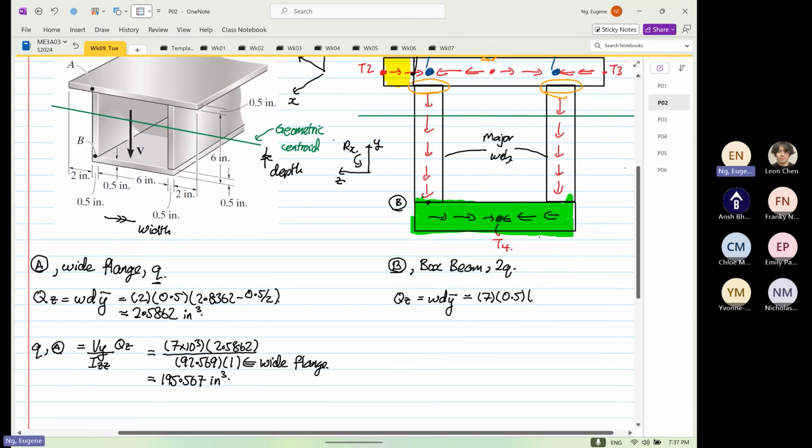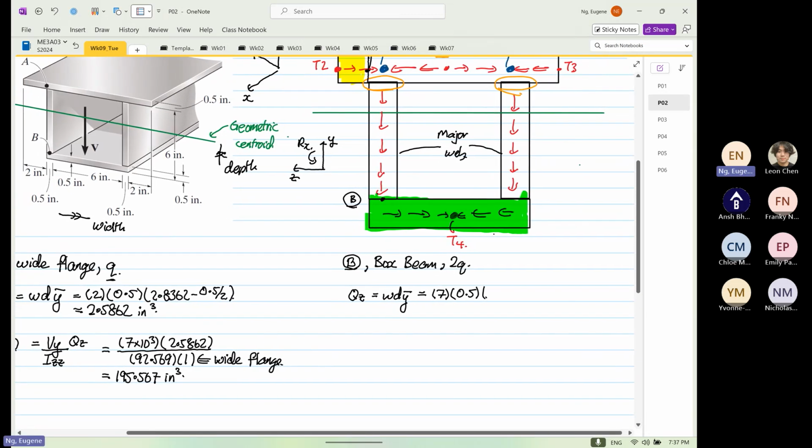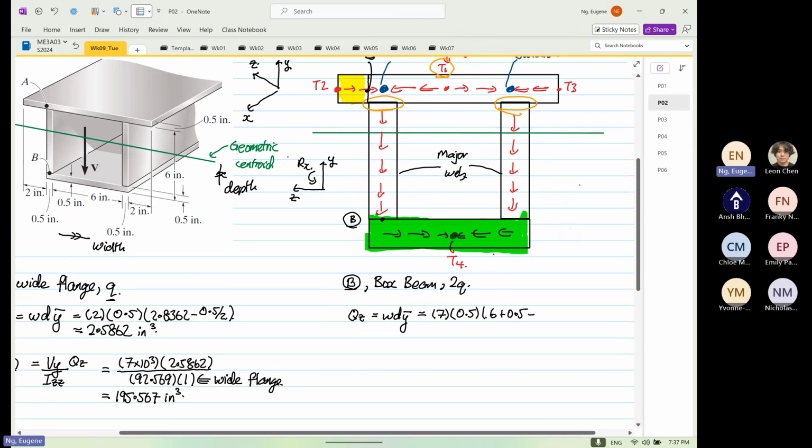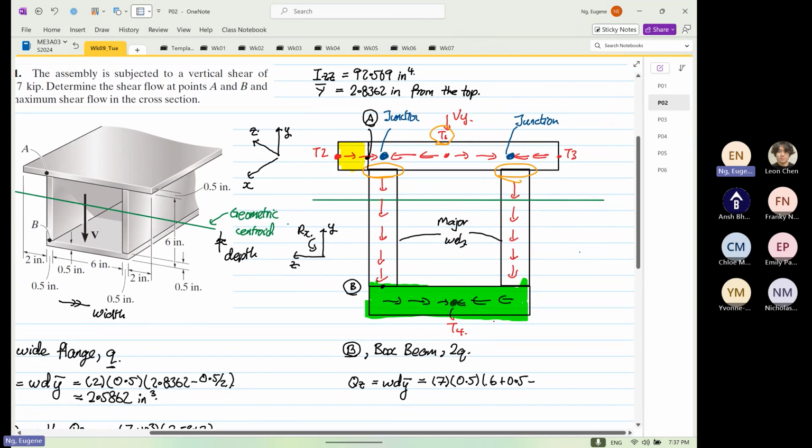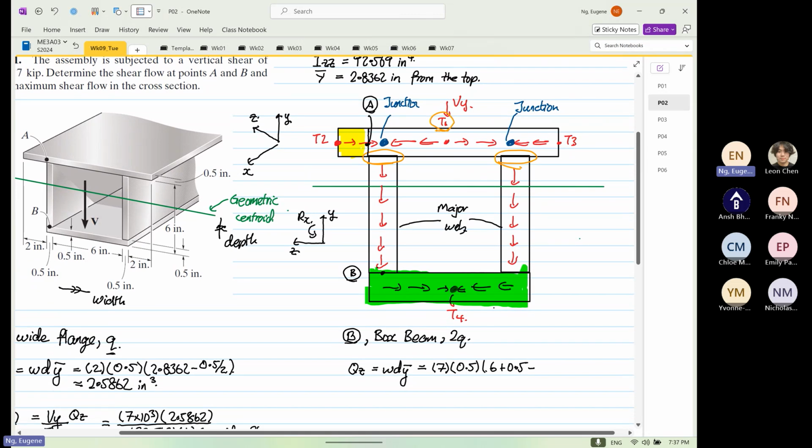Now the Y bar, we have to be careful over here. Okay, so it's 6 plus 0.5, which is the entire length, minus the geometric centroid 2.8362, and then we minus 0.5 divided by 2.